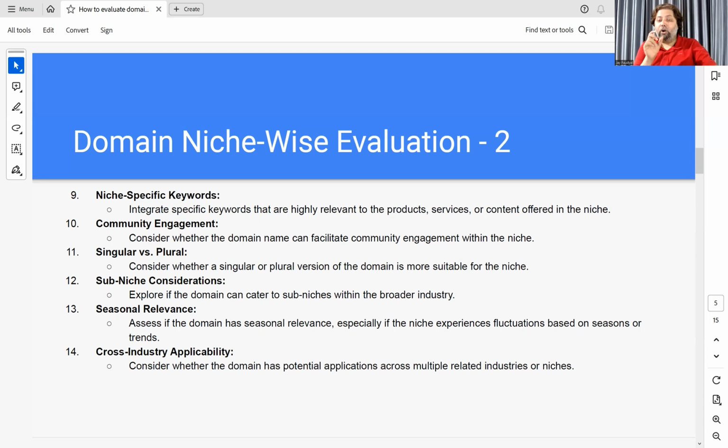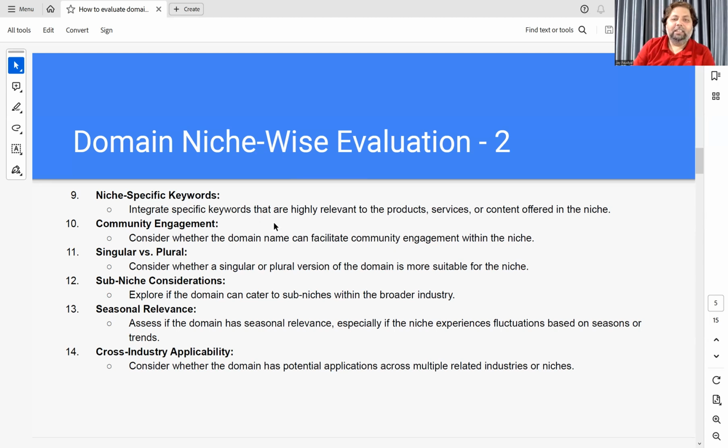See, in case of oil, these are the cross industry applicability, okay? Or in case of tools, you can find multiple niches from the cross industry like software tools, domain tools, power tools, machinery tools, automobile tools, or anything like that.